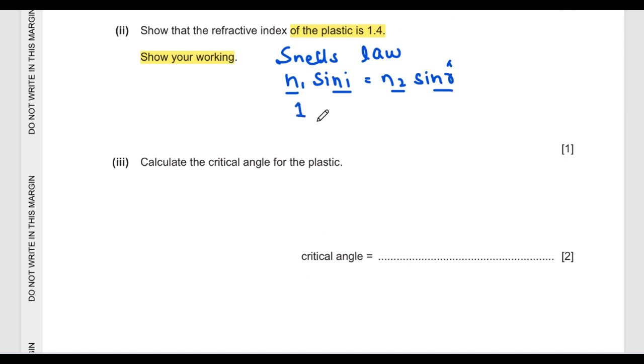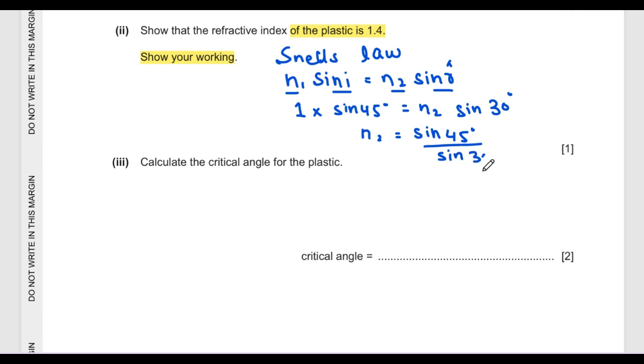So I'll put 1 over here. Incident angle is 45 and n2 is the value we are supposed to find, and r is the refracted angle, which is 30. I'm arranging this equation with respect to n2. It would be sine 45 over sine 30.